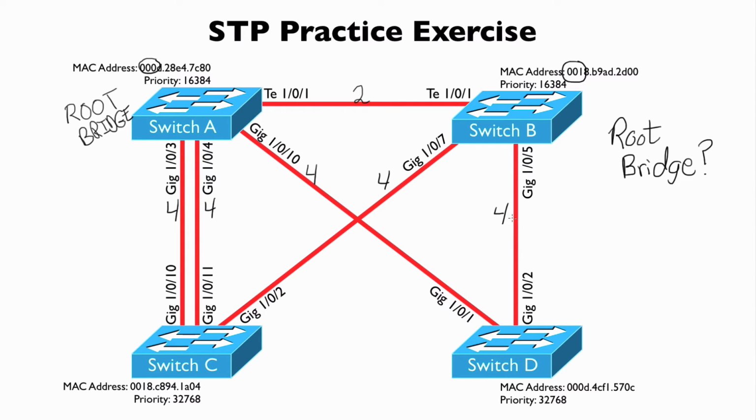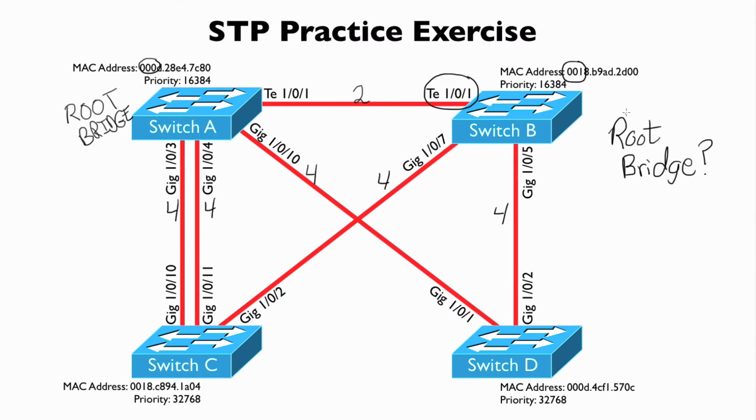And on switch B, we ask which port is closest to the root? Which port is closest to switch A in terms of cost? Well, I'm going to suggest that it's TE, or 10 gig Ethernet, 1/0/1, because we only have a cost of 2 if we go out of that interface to get to switch A. If I go out of gigabit 1/0/7, it's a cost of 4 just to get down to switch C, and it's an additional 4 to get up to switch A. That's a total of 8.